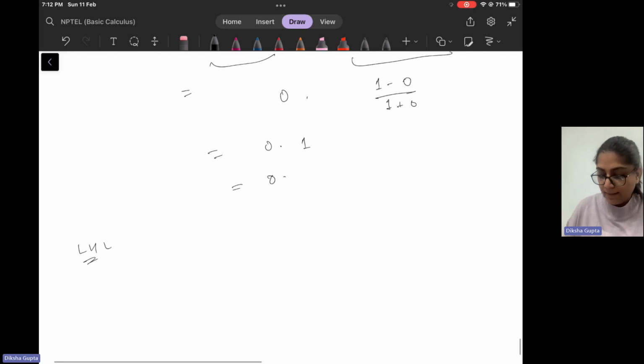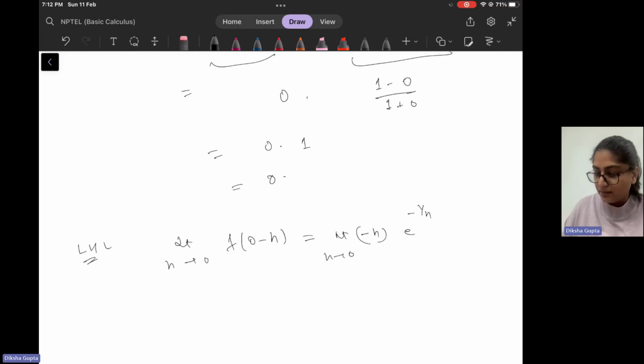Now left hand limit. So this will be limit h tending to 0 of f of 0 minus h. So this will be limit h tending to 0 of minus h times (e raised to power minus 1 by h minus e raised to power plus 1 by h) upon (e raised to power minus 1 by h plus e raised to power plus 1 by h).